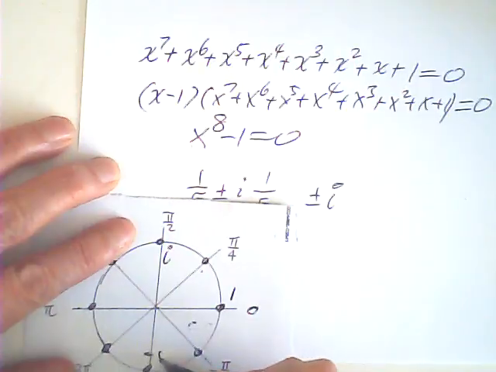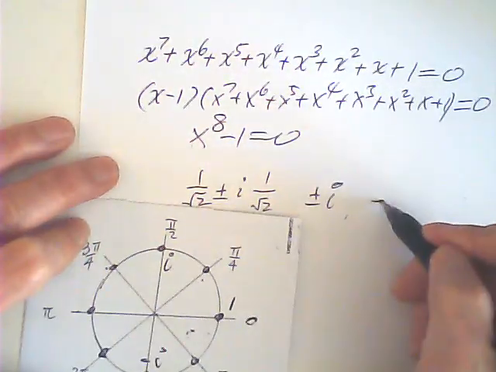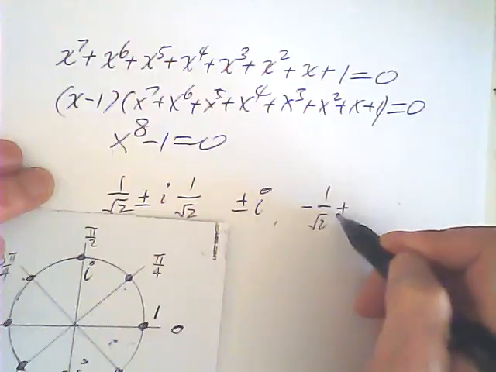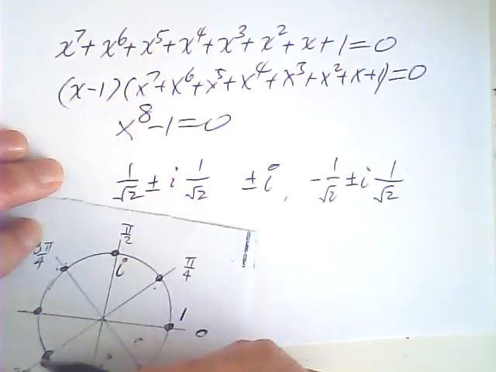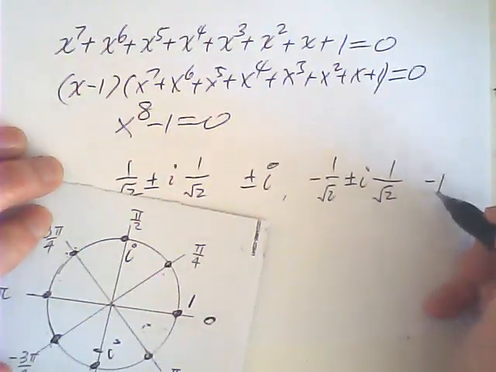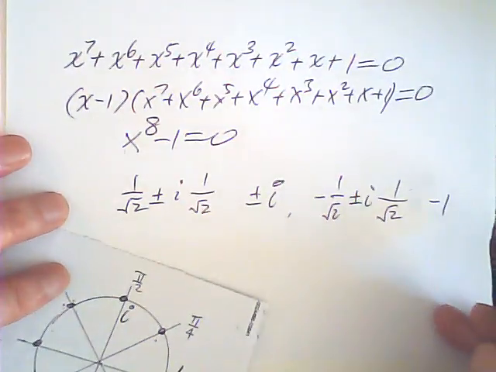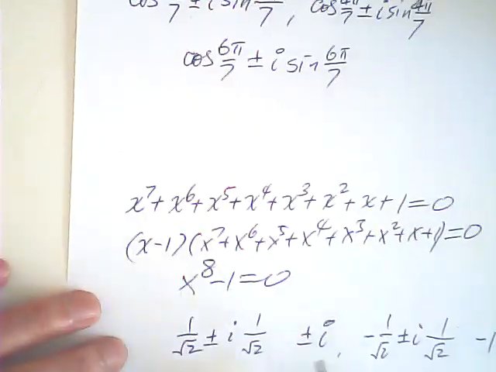This is negative I. And these are negative 1 over root 2 plus or minus I 1 over root 2. These 2 roots. And finally, you have a negative 1. See? You have 8 roots.